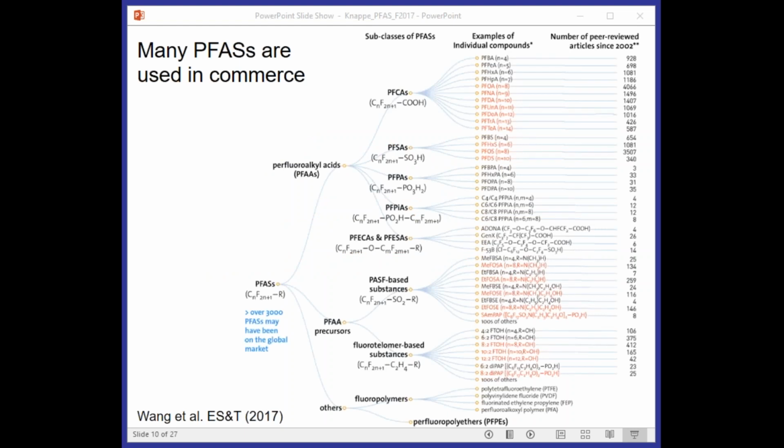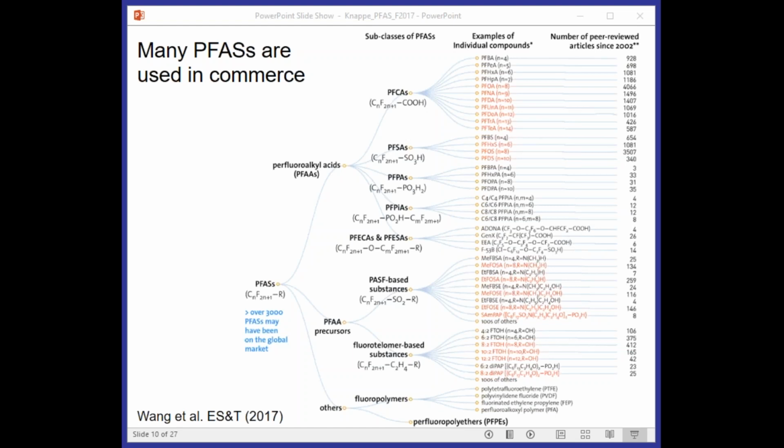And so this is a figure from a paper that appeared earlier this year in Environmental Science and Technology called The Never-Ending Story of PFASs. I recommend that as a good source of information. What this figure really illustrates is how complex the field of PFAS is. If you look at the top two groupings, there are the PFCAs and PFSAs.